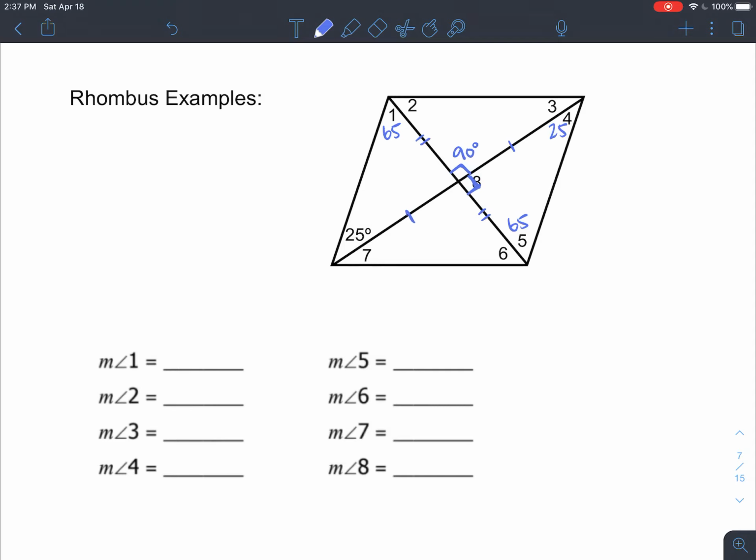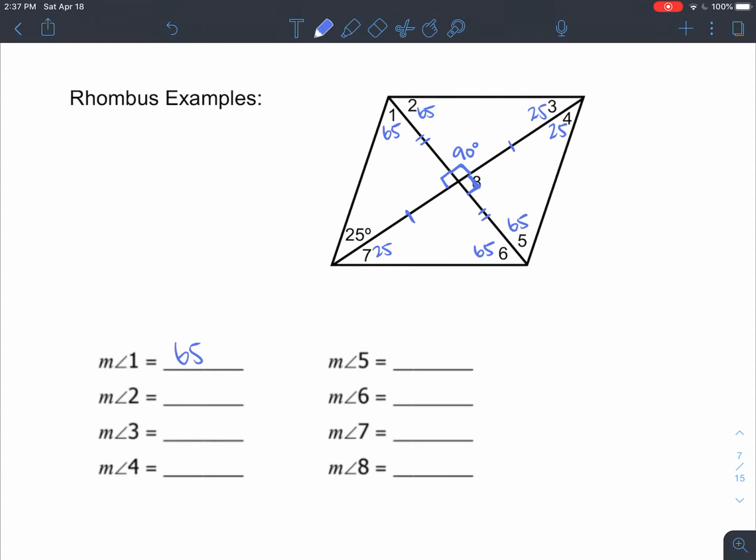They'll be congruent, what, side angle side. So if I've got 65 there, 90 here, then my other angles should also be 25 and 65, 25 and 65. And also remember that in a rhombus, the diagonals are bisecting the angles that they are hitting.